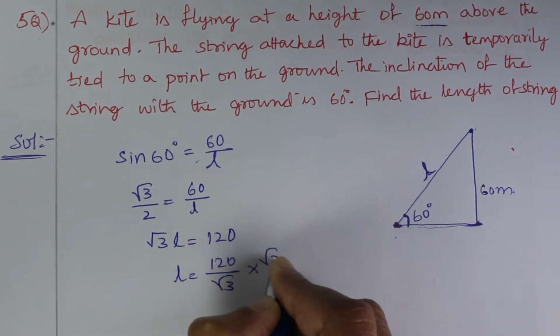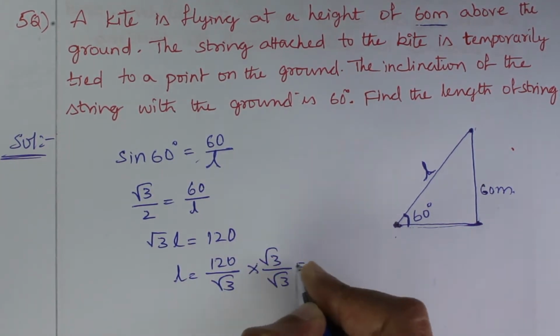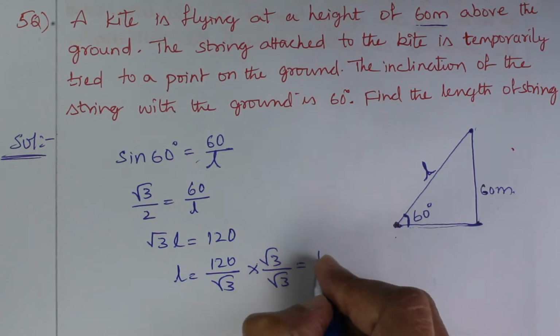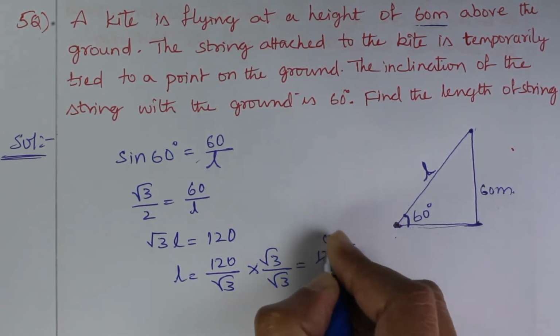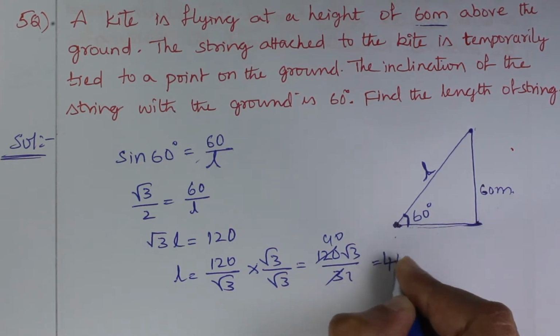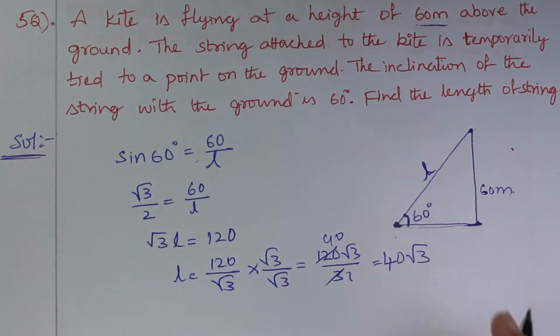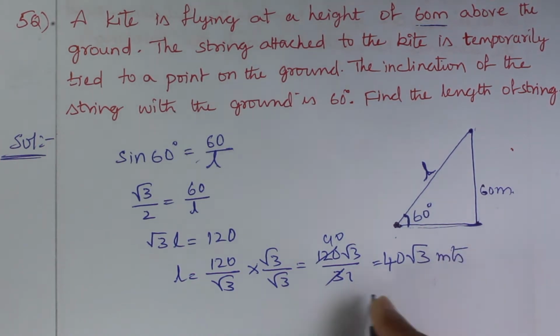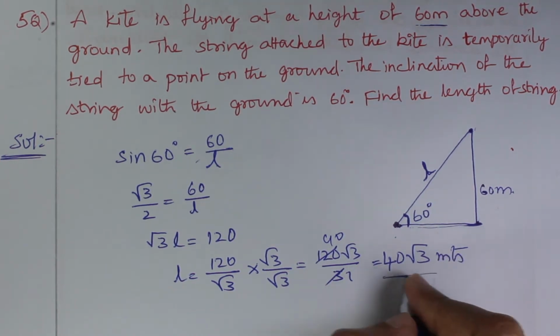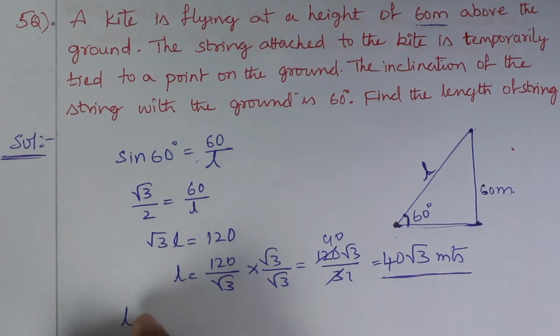I am multiplying numerator and denominator with root 3. It is equal to 120 root 3 by 3. 3 ones are 3, 3 fours are 12. That is equal to 40 root 3 meters. So this is the length of the string. L is equal to 40 root 3 meters.